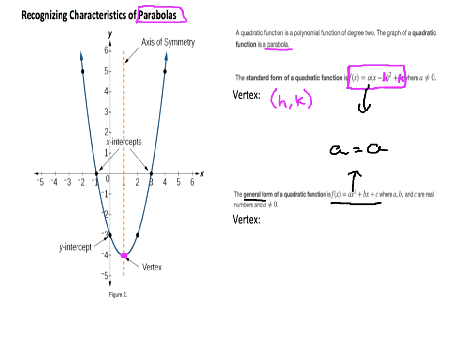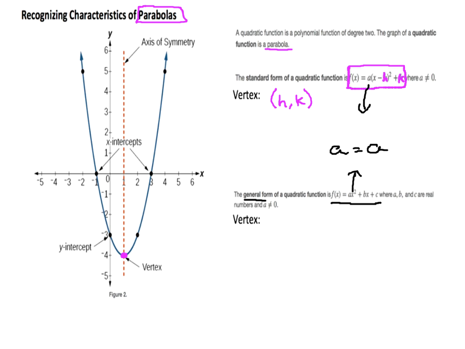So it doesn't matter which form it's in, that a is the same a in both places. So you can always tell if it's reflected and if it's been stretched or compressed in the vertical direction from that a value.